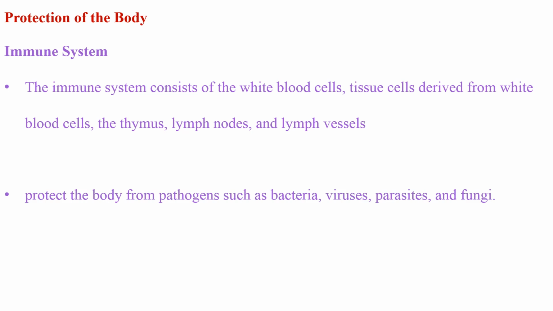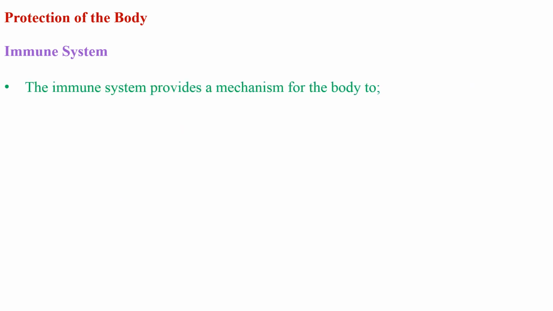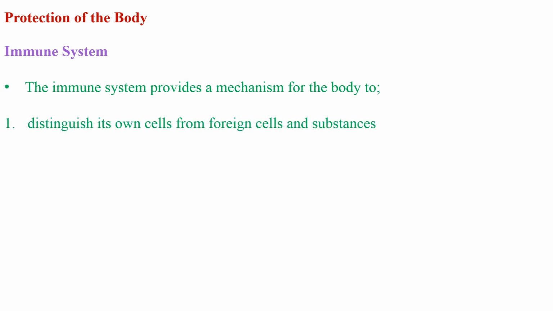This system protects the body from pathogens like bacteria, viruses, parasites, and fungi. The immune system provides a mechanism for the body to distinguish its own cells from the foreign cells and substances.